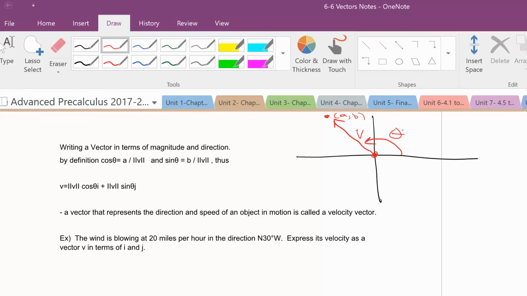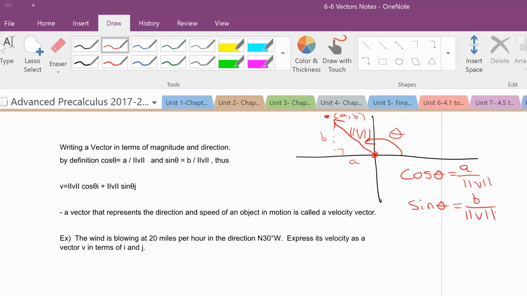So theta is the directional angle for this vector. So notice, if we do a right triangle here, this would be B and this would be A. So remember that cosine theta would be equal to A over the magnitude of v, because this is the magnitude of v right here, this vector. And the sine of theta would equal B over the magnitude of the vector.